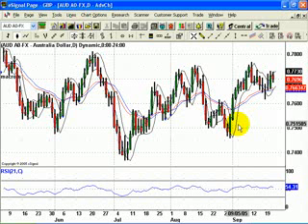So here I've marked with little blue arrows and little red arrows, if you can see, when the long-term moving averages change direction. So right now we are in buy mode. The 20 period moving average is above the 21 period moving average, so we are in buy.